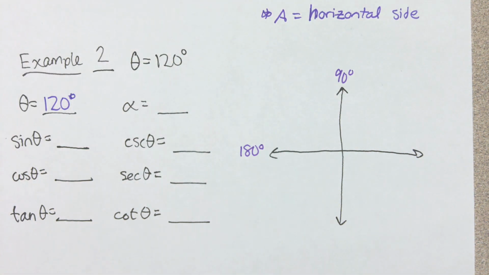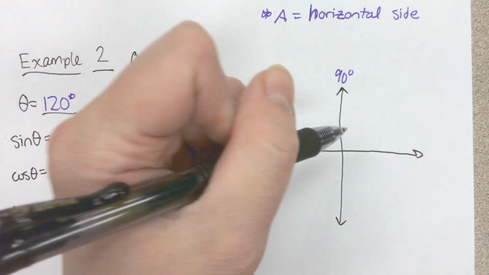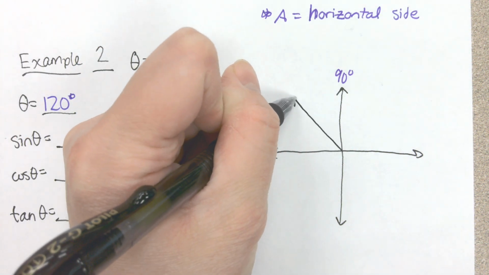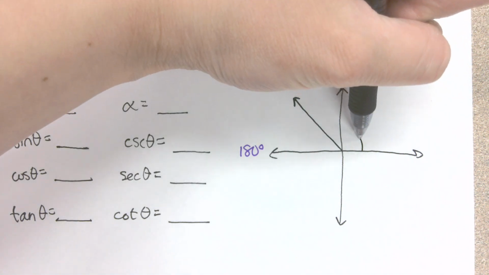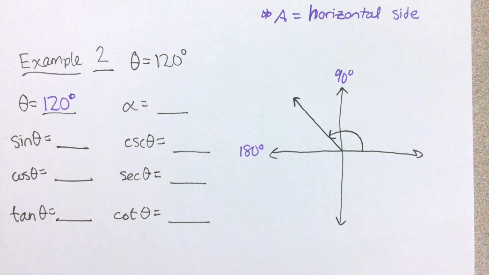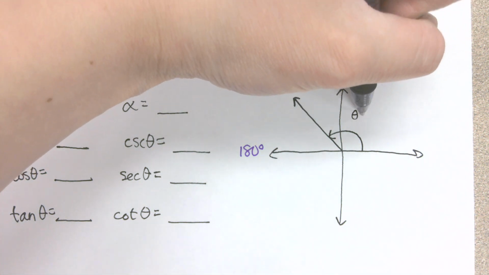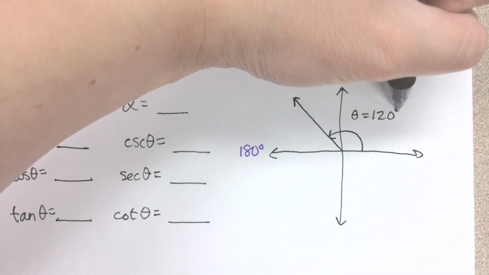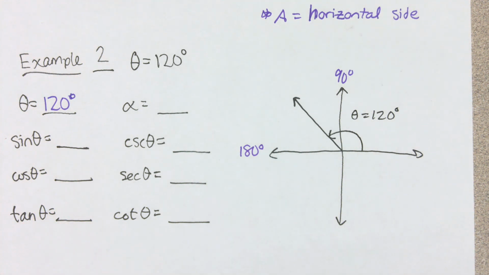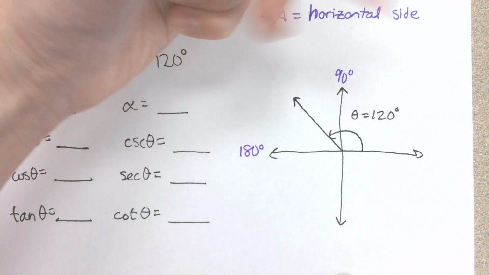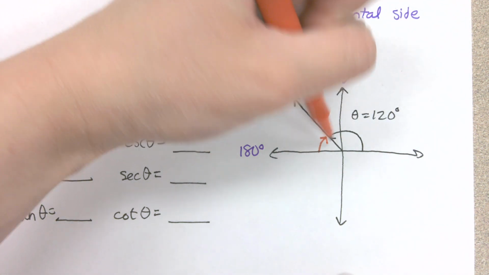So 120 is in second quadrant. Angle of rotation, starting point up to where the angle ends. Theta is 120 degrees. Next we draw alpha, x-axis up to where the angle ends.